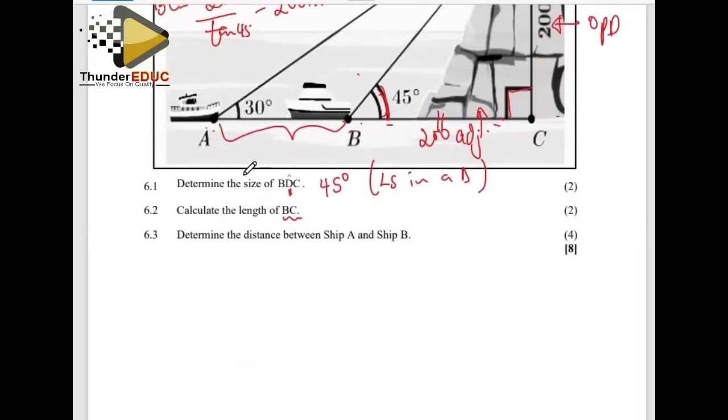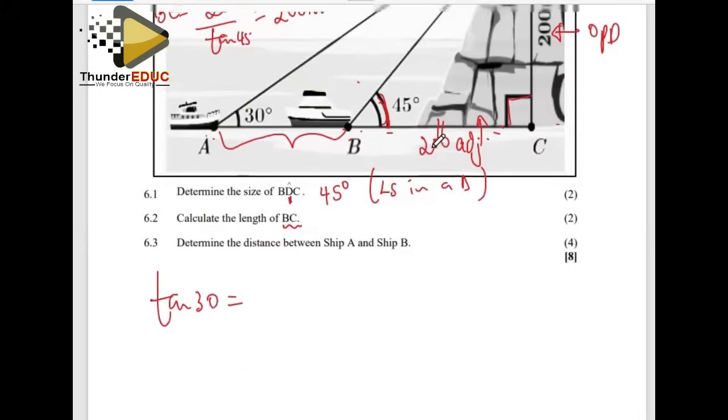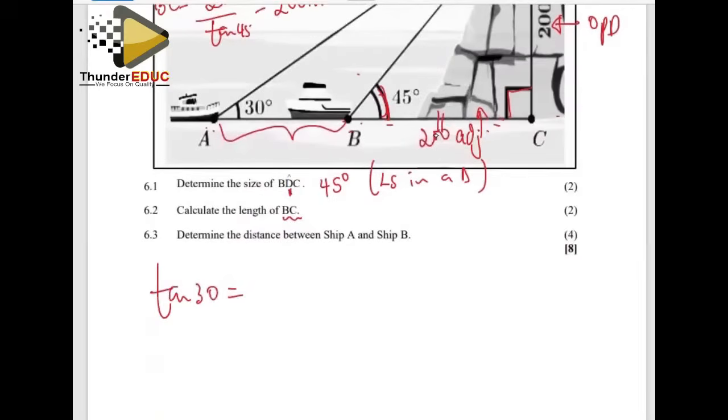Okay, we can still use the tan and say that the tan of 30 is equal to the BC. No, is it BC? It's DC, which is 200 over the AC. And then AC alone is going to be 200 over the tan of 30. Simplify this.